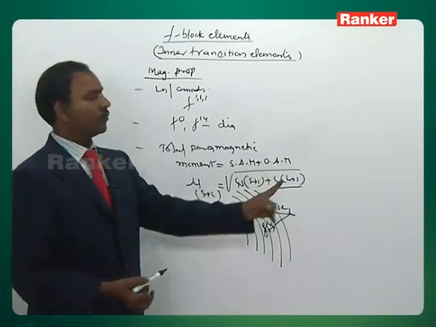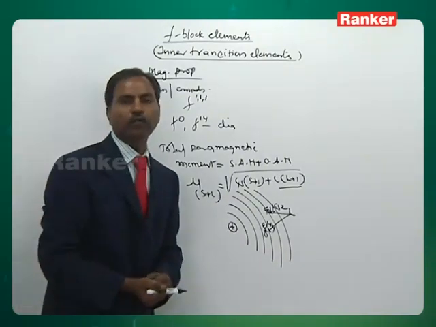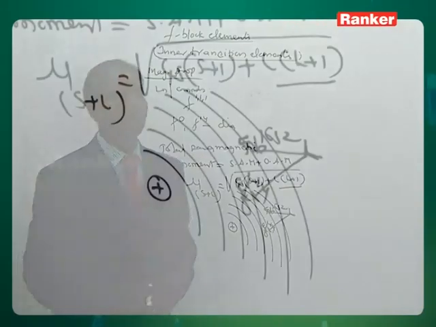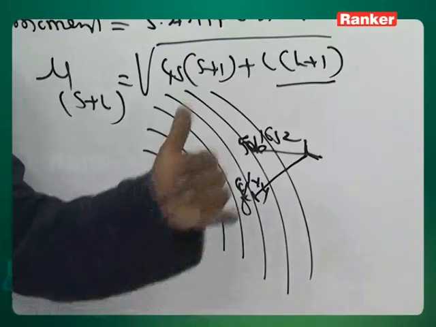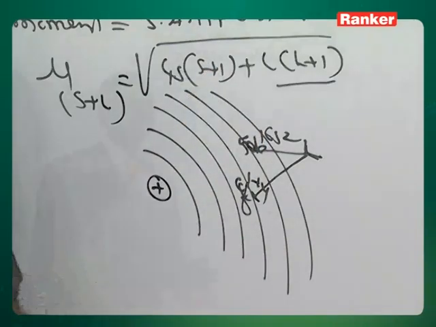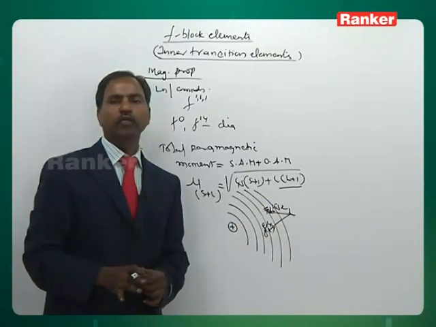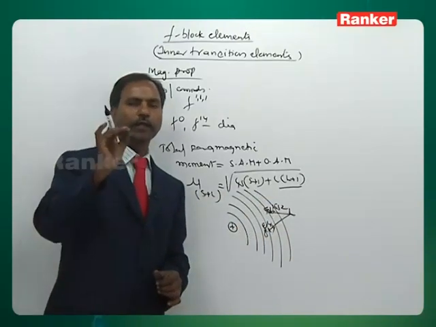Therefore, the total equation you have to use for the calculation of total paramagnetic moment of the f block or lanthanide elements. What I said: in the case of d block, the orbital angular moment is quenched by the ligand fields, especially in 3d series.